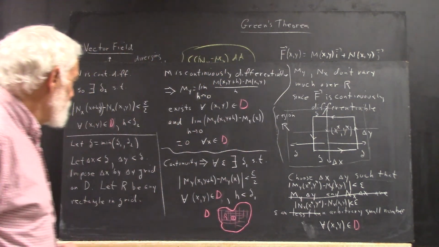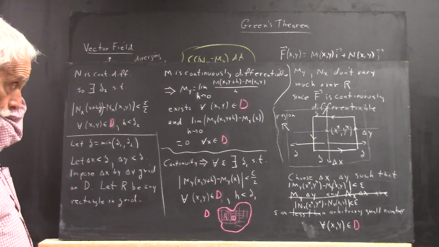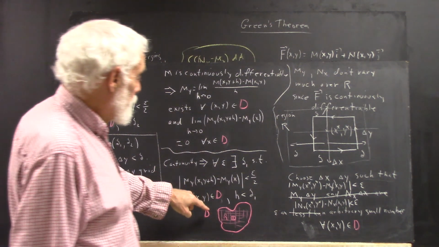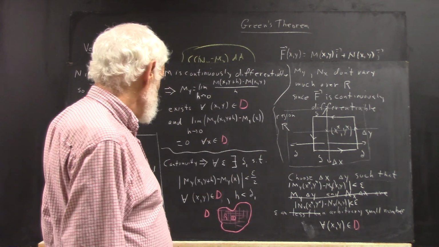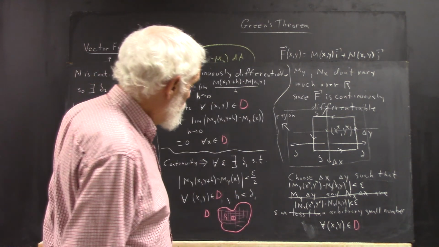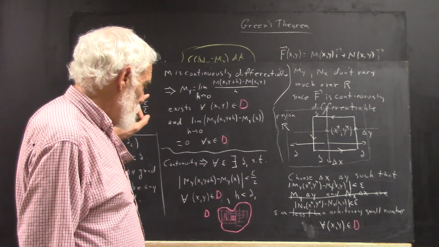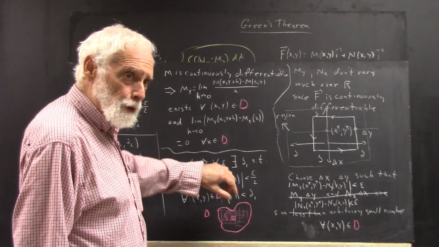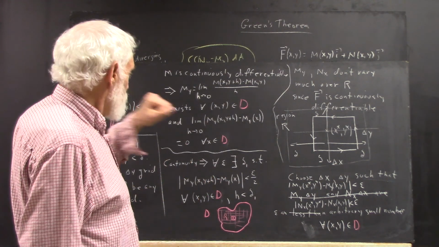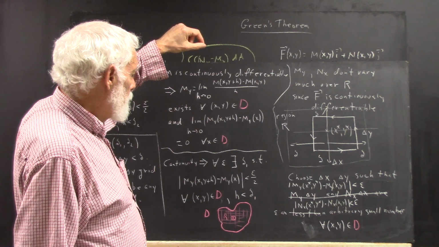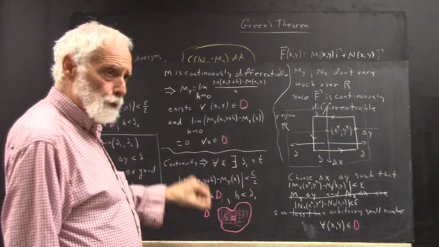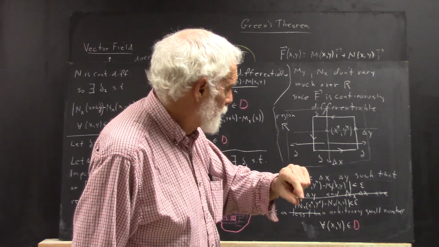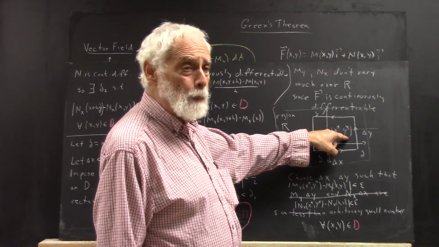I don't think I need that. Okay, so let's just say what we've hopefully established here: that you can choose a delta x and delta y grid such that on the entire domain bounded by your simple closed curve, which doesn't have to be smooth, and such that every rectangle or every region within that grid, which doesn't even have to be a rectangle, could be one on the boundary where you have 3 straight lines and then a little bit of a curve, on every such region, My and Mx vary from their values at your sample point by less than epsilon over 2.